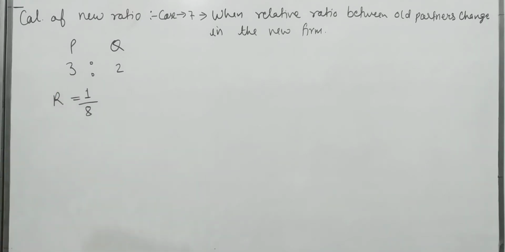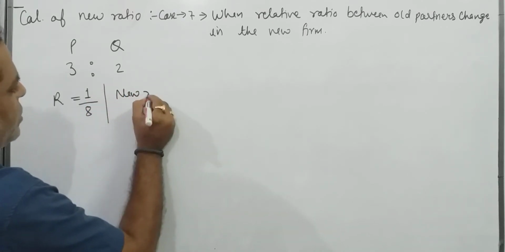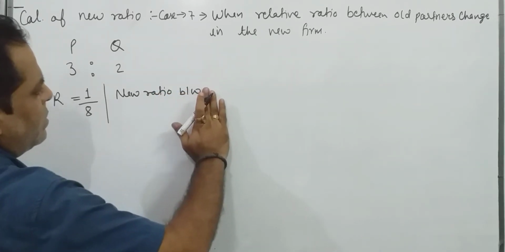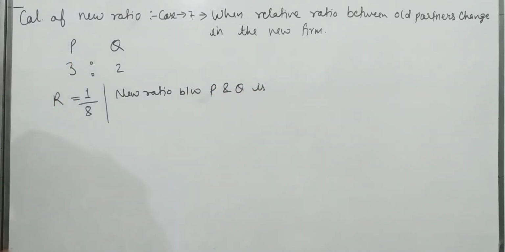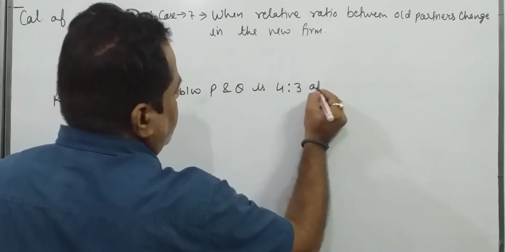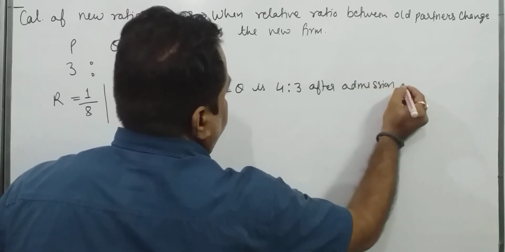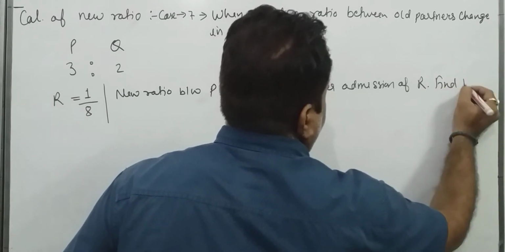R joins the partnership firm for 1/8 share, and after that the new ratio between P and Q is 4:3 after admission of R. Find the new ratio.